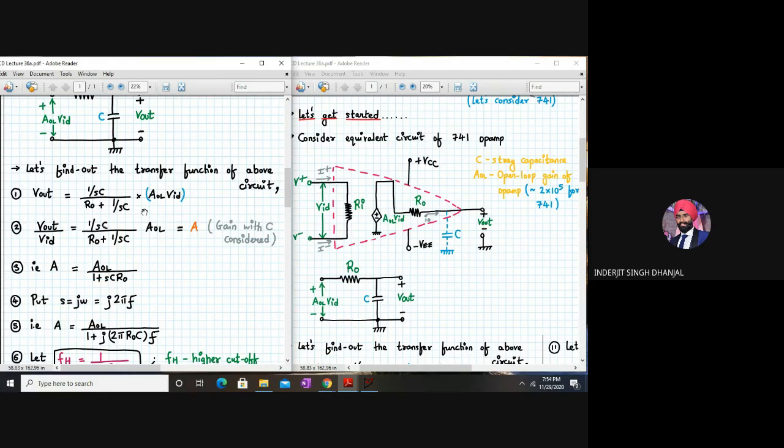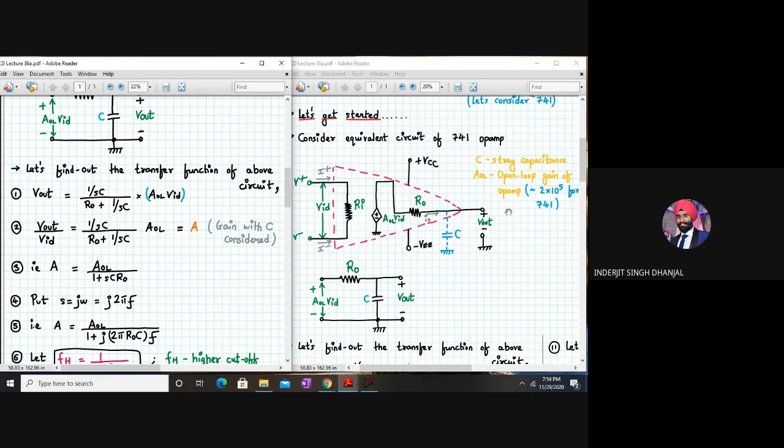Okay, and next we have the voltage dependent voltage source, that is AOL into VID, where VID is the differential input voltage and AOL is the open loop gain. And at the output side we have RO, which is the output impedance tied to the output terminal of the op-amp.